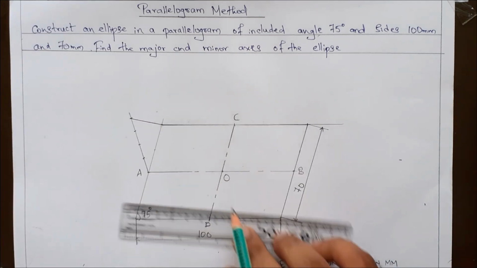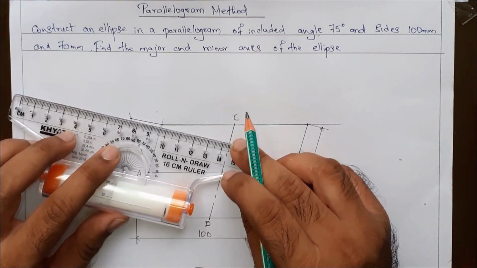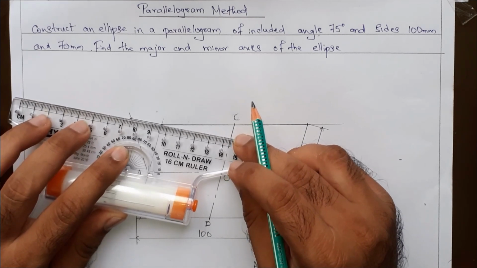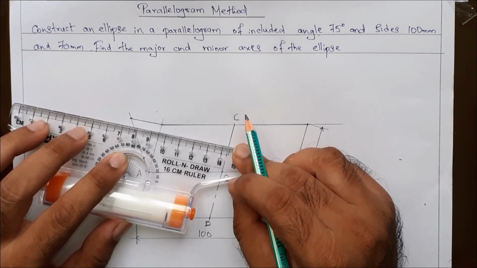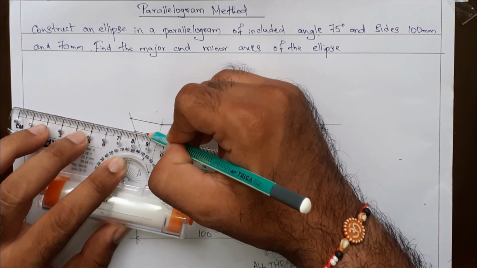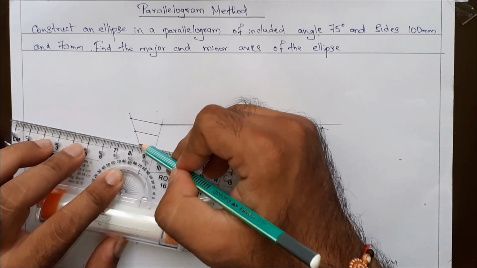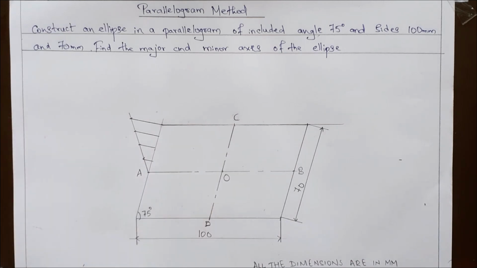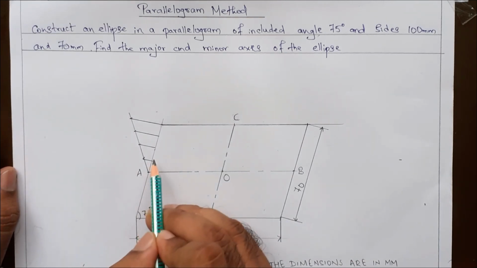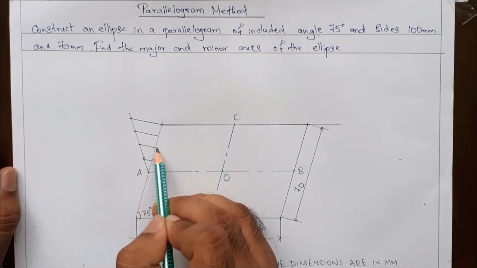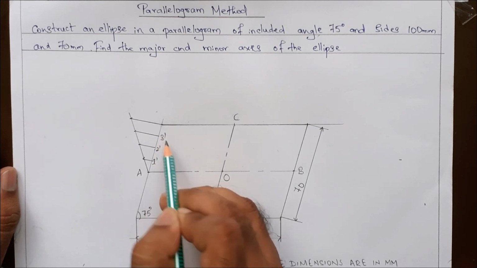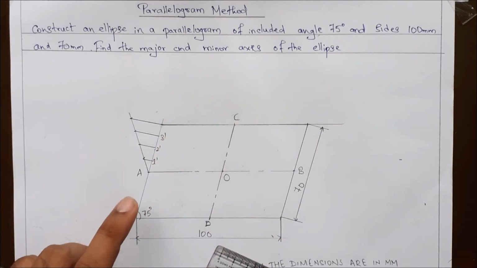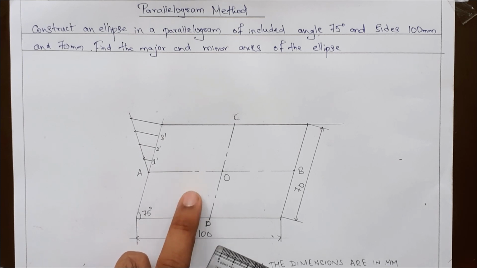Then take the mini drafter or roller scale, keep it in that point and move this. So now we will get those points. Name these as 1 dash, 2 dash, 3 dash. So repeat the same step on the line AO.